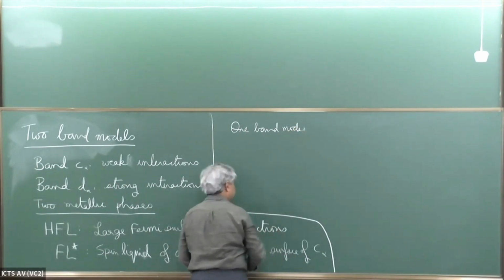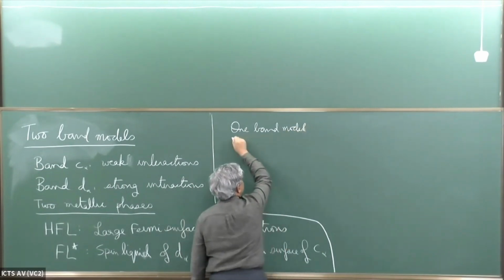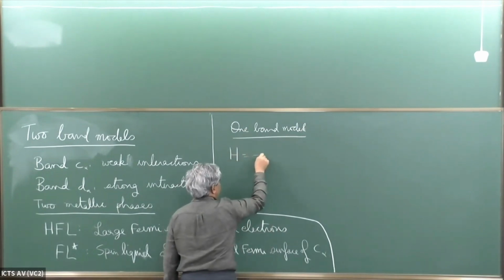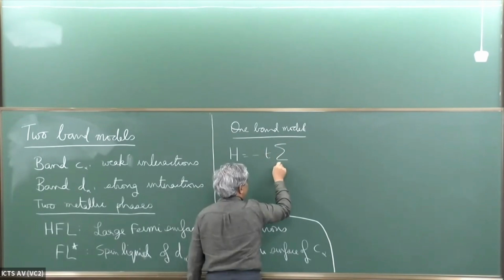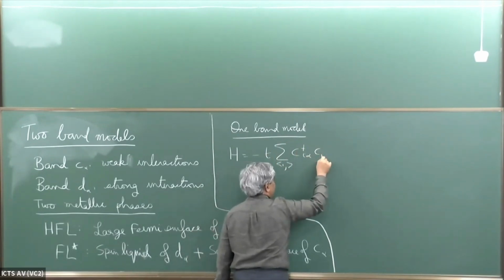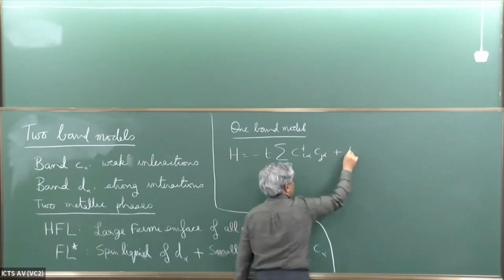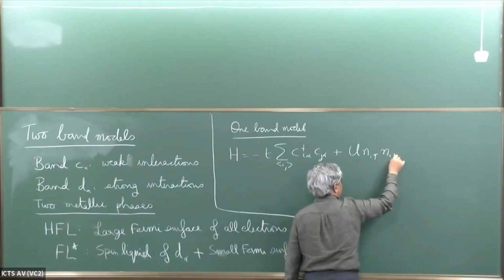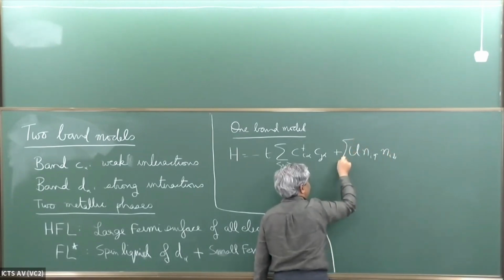And ask, can you get anything like this? So, we're going to start with the Hubbard model, of course: minus t c†_{iα} c_{jα}, plus U n_{i↑} n_{i↓}, and some chemical potential, which I won't write out.